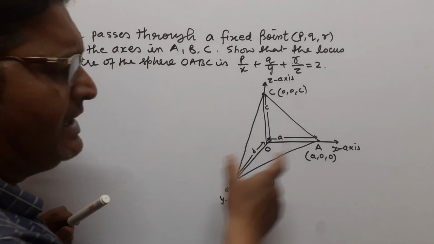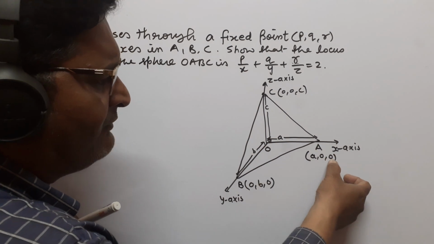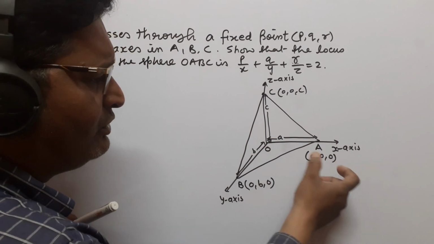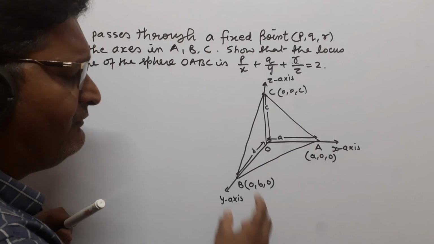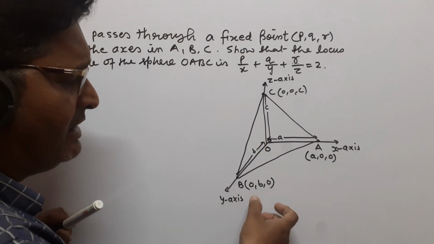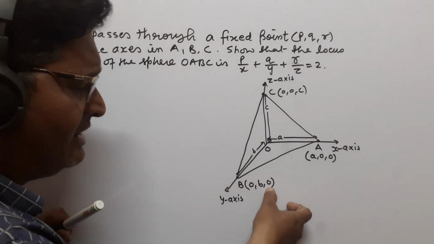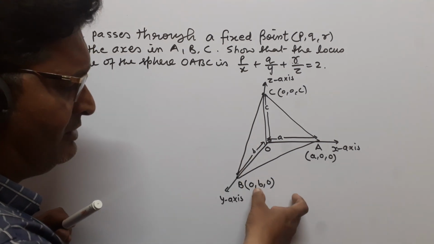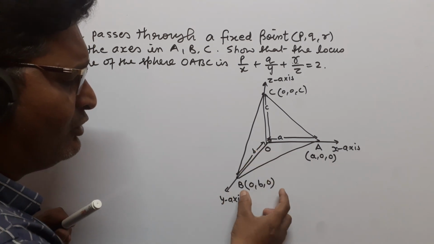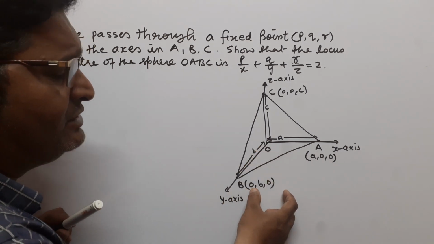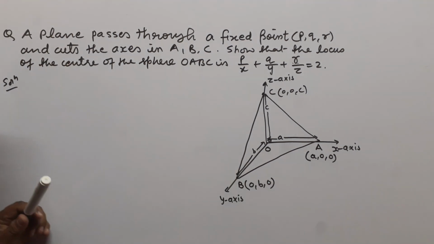Because on the x axis the coordinates of y and z are 0, the coordinate of A can be written as (a, 0, 0). On the y axis the coordinates of x and z are 0, and this distance is b, so B can be written as (0, b, 0).